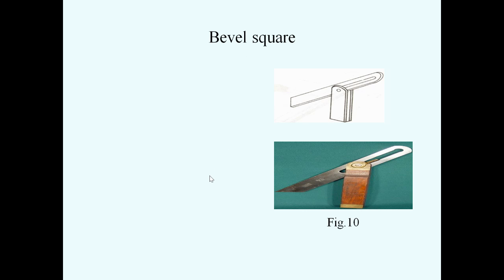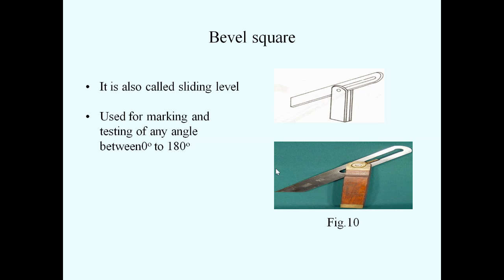Next one is the bevel square. You can see the diagram of a bevel square. It is also called a sliding bevel.